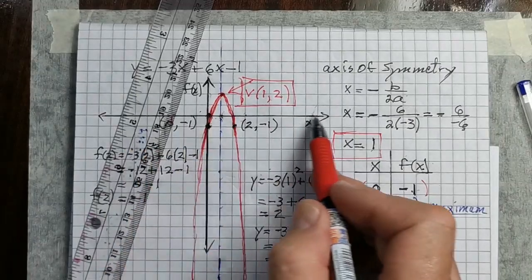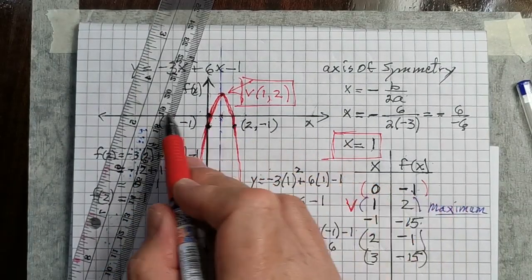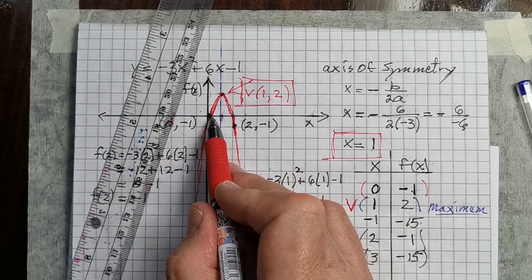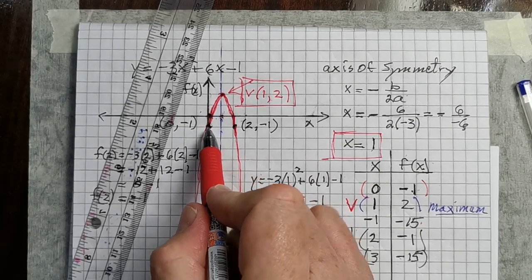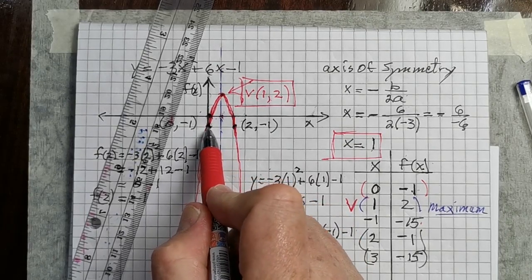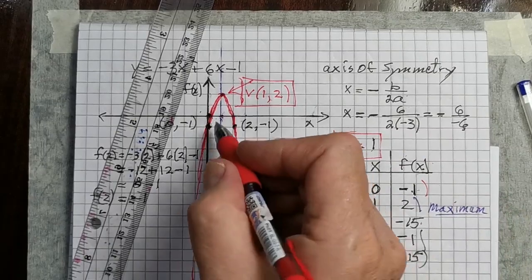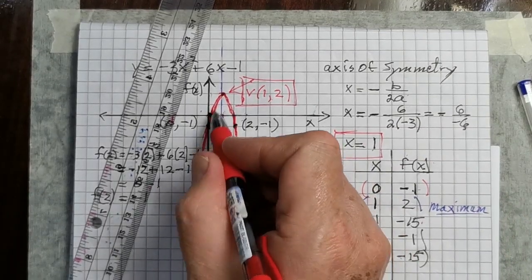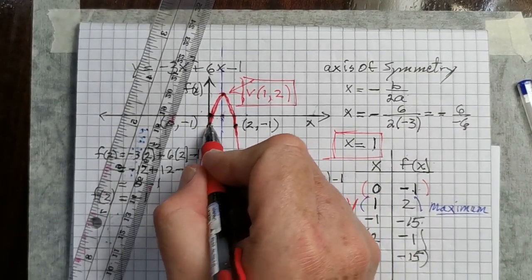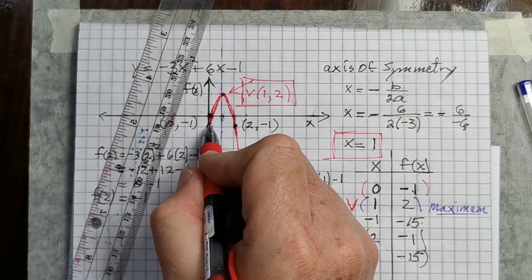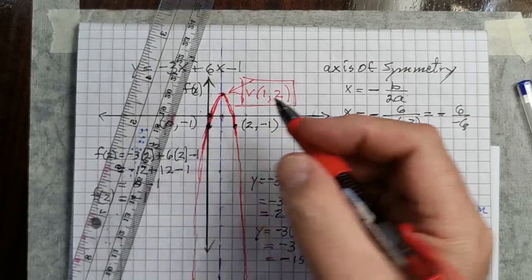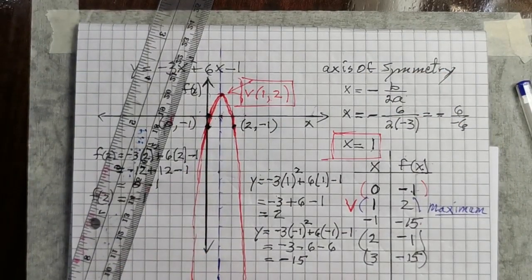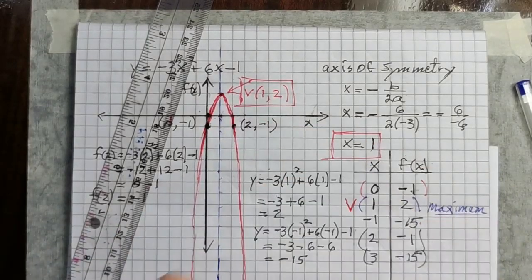In other words, if the function is crossing the y-axis, then the value of x must be 0. It's just kind of logical, isn't it? When x equals 0, you have your y-intercept.